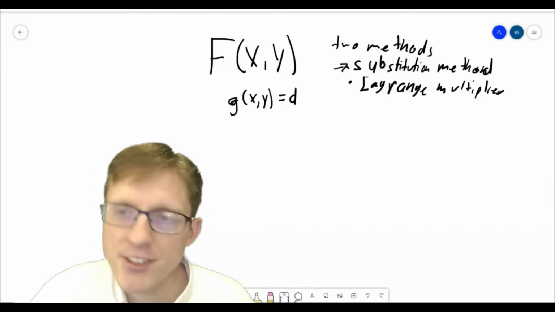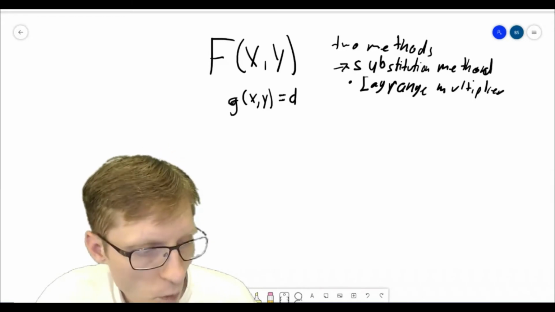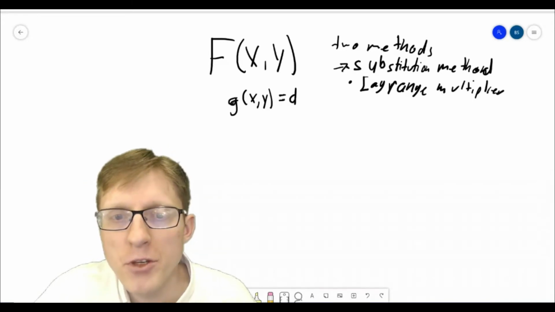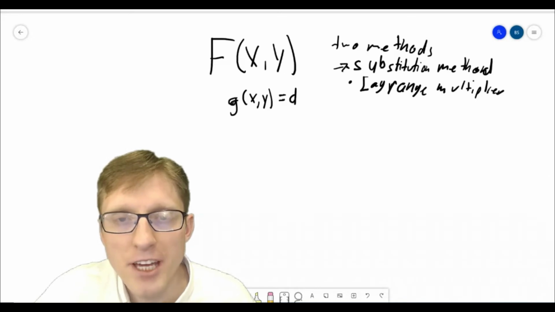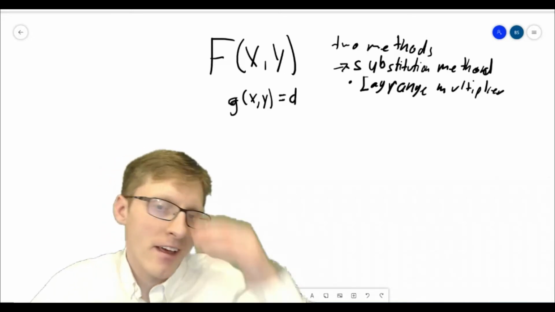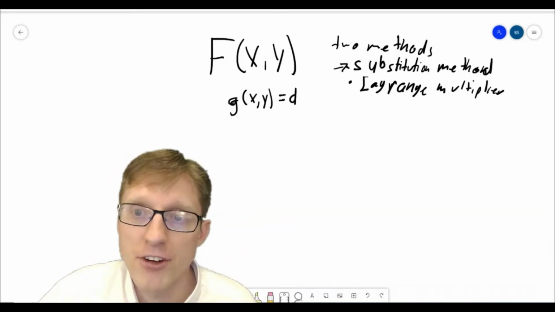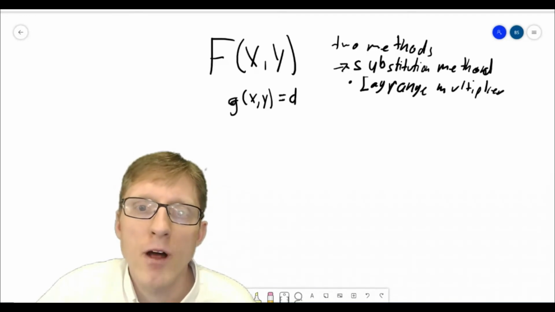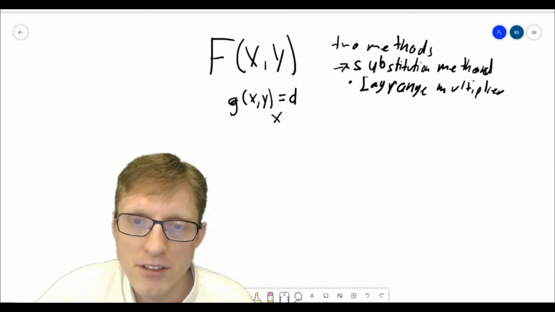And the basic idea here is that we're going to use this constraint to find some relationship between x and y. So we're going to get, for example, x as a function of y. And then we're going to plug that in. So let's say we find x of y comma d.